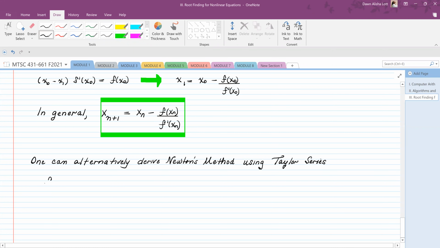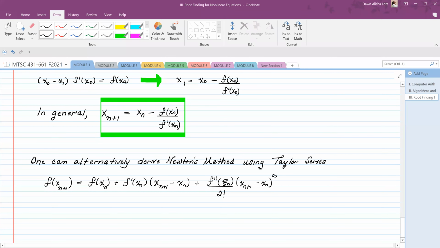So you have f of xn plus 1 is equal to f at xn plus f prime at xn times xn plus 1 minus xn plus f double prime at some cn over 2 factorial times xn plus 1 minus xn squared.